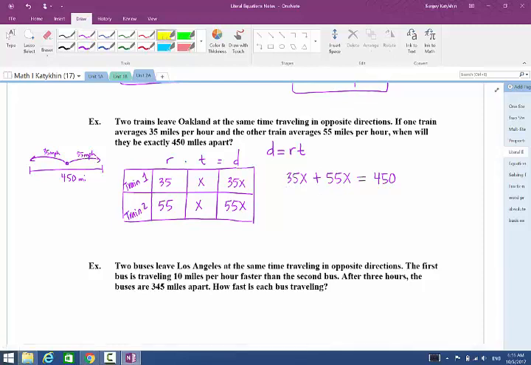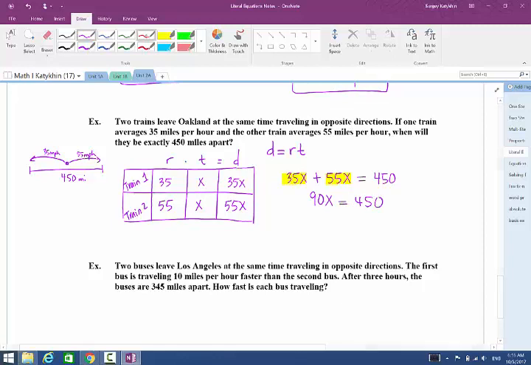And so we have to take the first distance plus the second distance. Now looking at that, you can see that we can combine like terms. We have our x's. So in our case, we have 35 plus 55. Well, that gives us 90x is equal to 450.